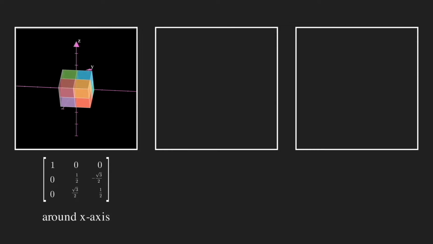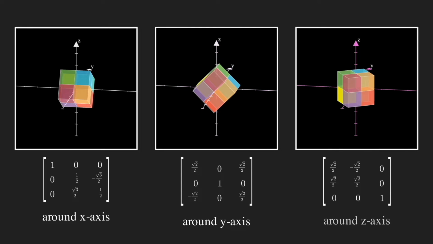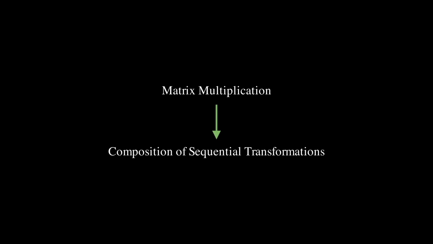Inductively, a 3x3 orthogonal matrix produces a rotation in 3 dimensions, and you can also rotate around the z-axis now. Actually, now's a really good time for me to once again emphasize the idea that matrix-to-matrix multiplication is nothing but a composition of sequential transformations.